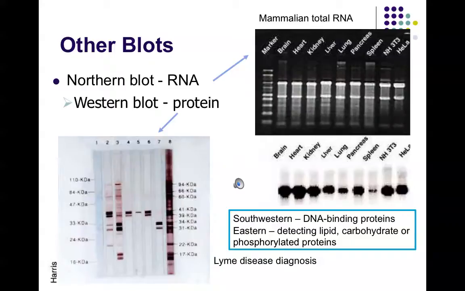Northern and western blots are not really named for any particular person, but essentially use the name of Dr. Southern to lend an idea of using the names for the different directions on the compass to label other kinds of blotting techniques. There are also other kinds like southwestern blots, which would look for DNA-binding proteins, and even an eastern blot. So there have been lots of advances in techniques for the isolation and separation of all kinds of biological molecules.